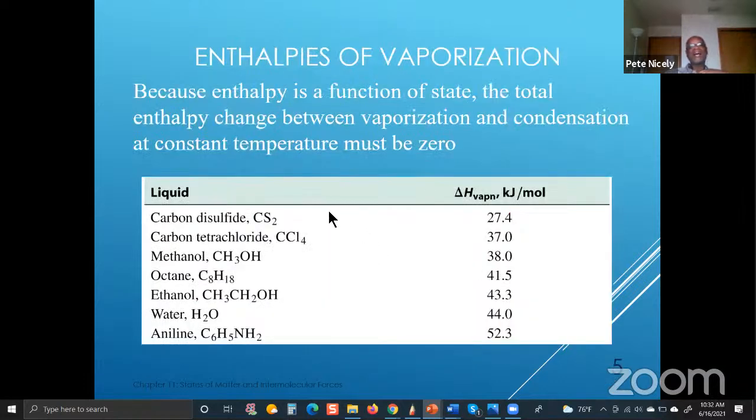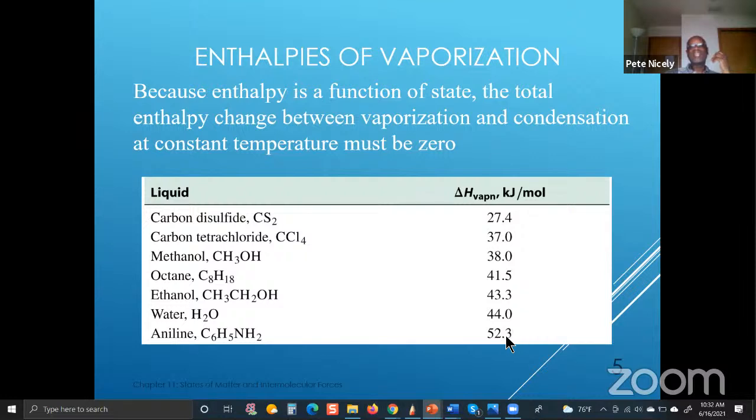And of course, enthalpy being a state function, that means that the enthalpy change of vaporization or condensation would be a state function as well. And you have different values for different substances. As you can see, water is relatively high. Ethanol is very close to it.